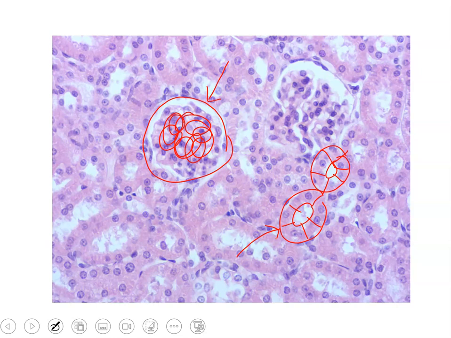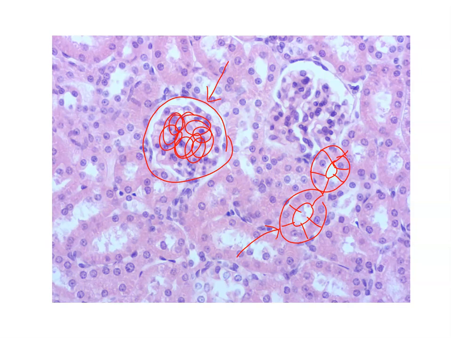The function of our simple cuboidal epithelium, of course, is for secretion as well as absorption. We know that the renal tubules are important for helping to form urine. Basically, secreting the stuff that we don't want from our blood and absorbing the stuff that we do.